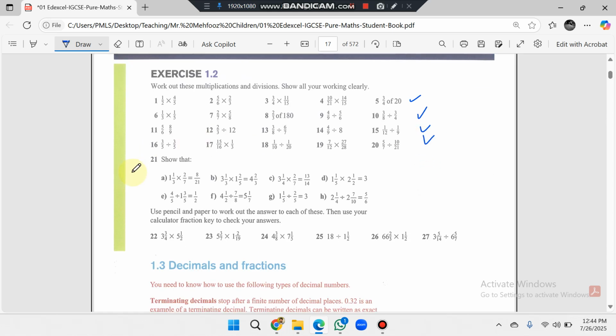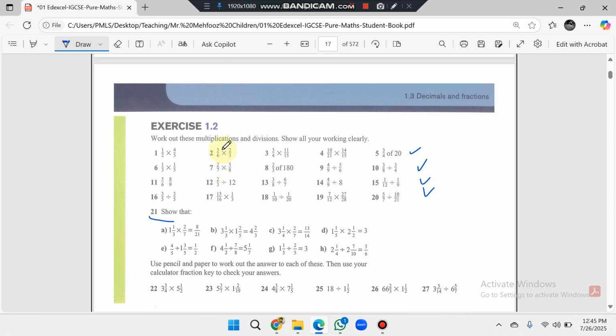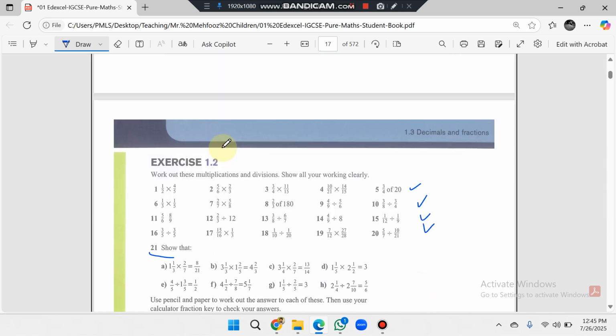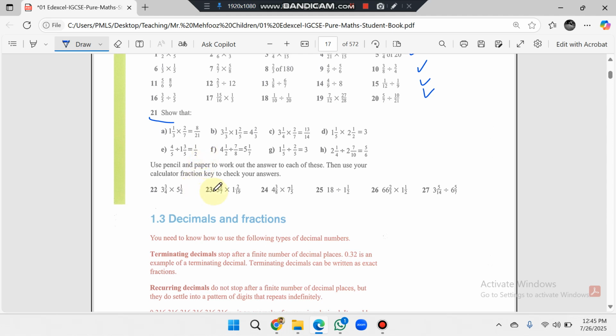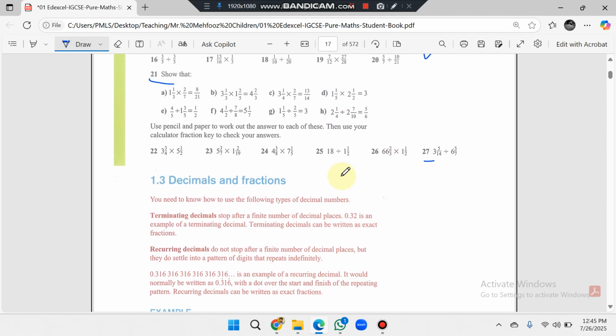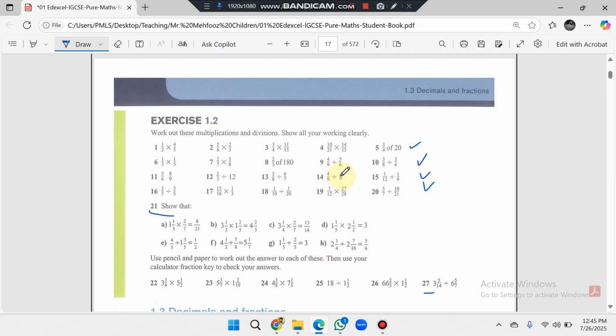There are 20 questions, and from question 21 you can see that we have mixed fractions, and we have to multiply or divide these mixed fractions according to the previous example which we have done recently. Then 22, 23, and so on up to 27, we have to solve all these questions for this exercise.